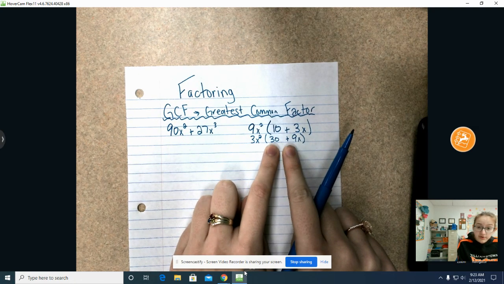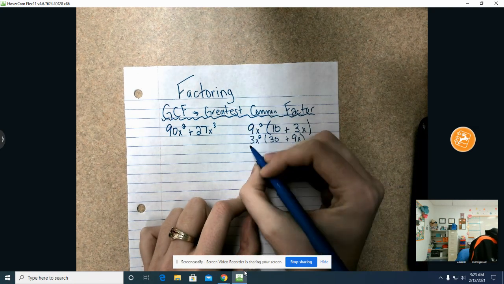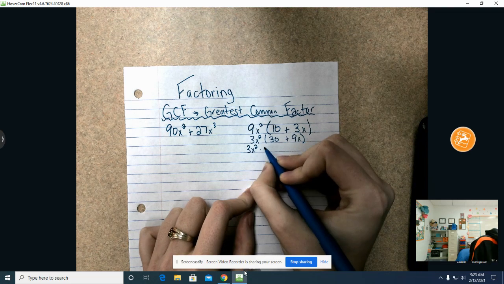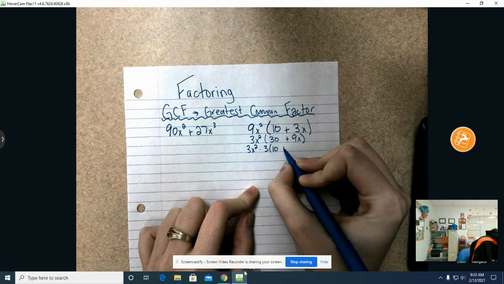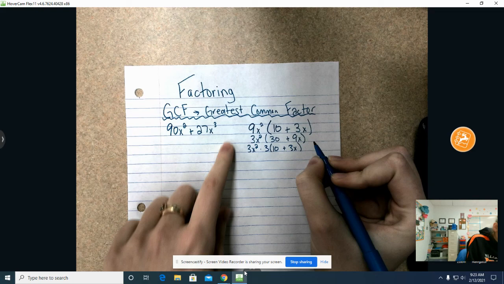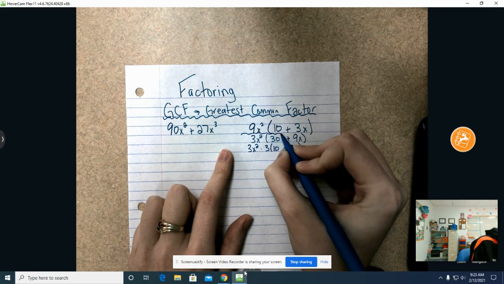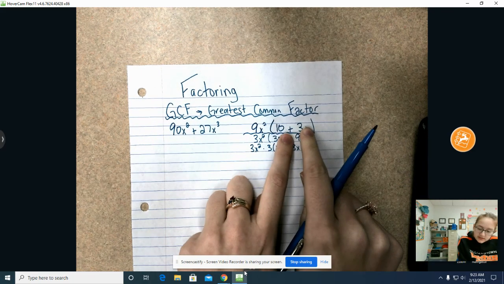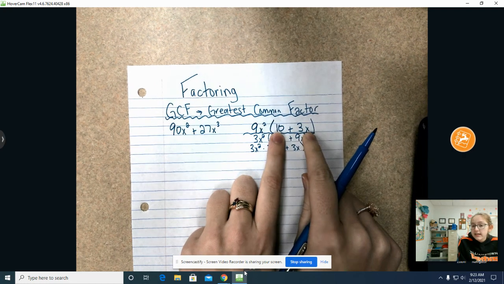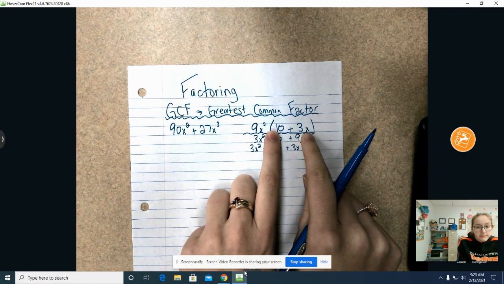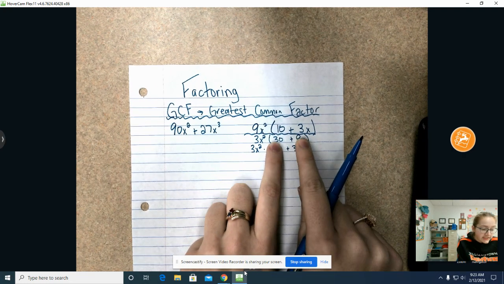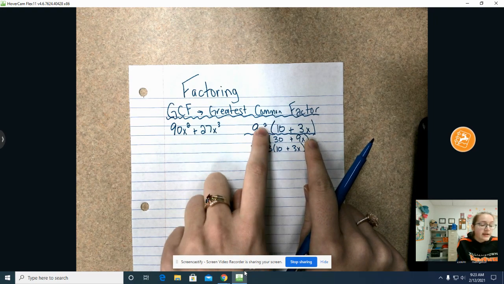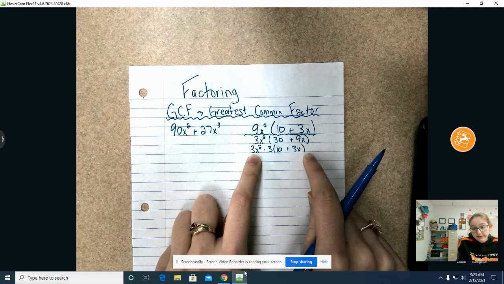They both have another 3 in common. So then I'd have to factor that out again as 3x squared times 3 and then 10 plus 3x. So that would bring me back here. So you want whatever's inside your parentheses to not be able to be simplified down anymore, because as you can see here, that's not the greatest common. I didn't pull out the greatest common factor if I can simplify it down even more.